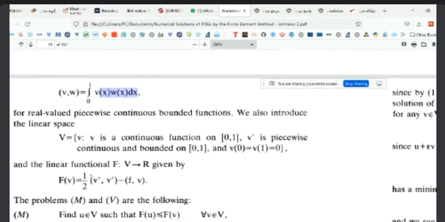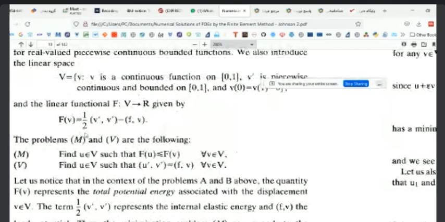Based on this function, we want to define the problems M as a minimization problem and V as a variational problem as follows.